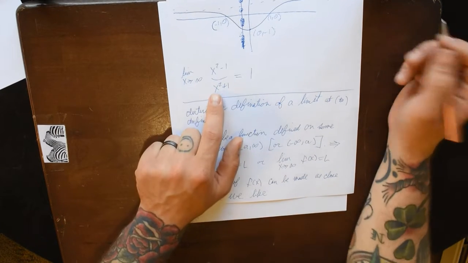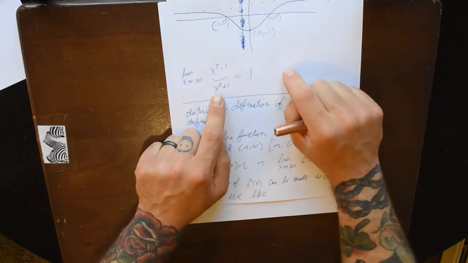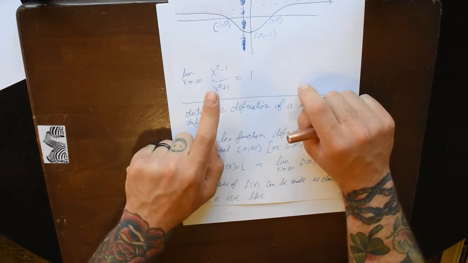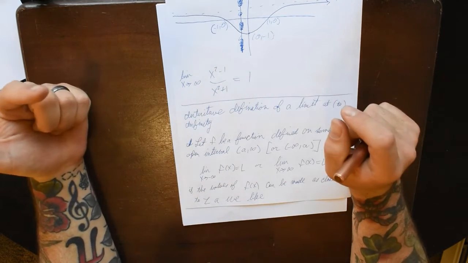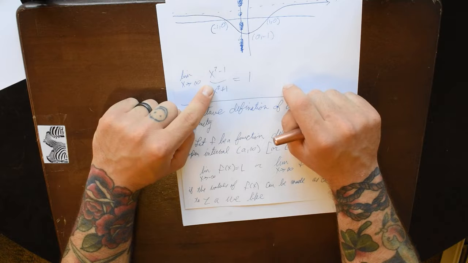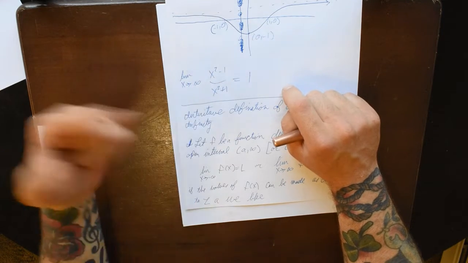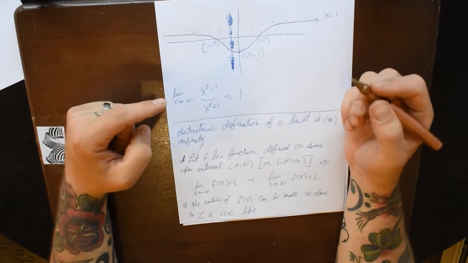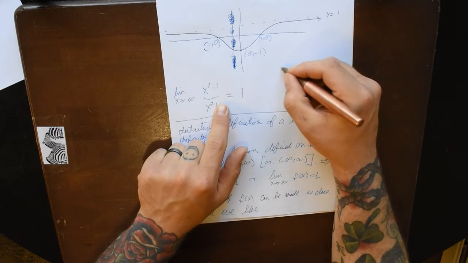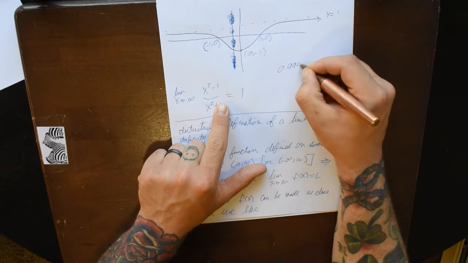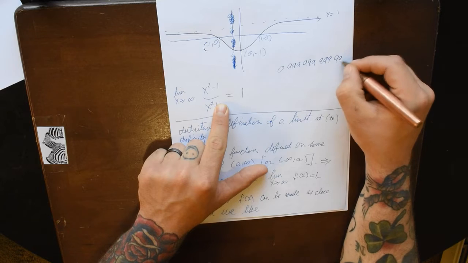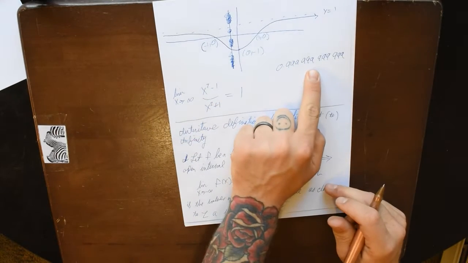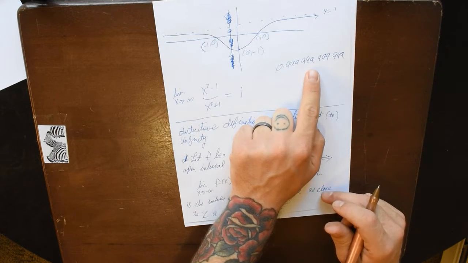So going back to this function, no matter how close we want this number to be equal to 1, we can always come up with some value of x that'll get us there. If we want this function to have some value of 0.99999999999, well, there's going to be a value of x that'll get us there.